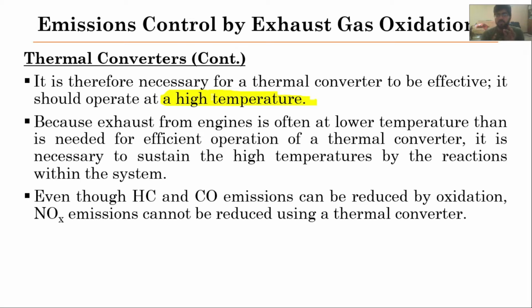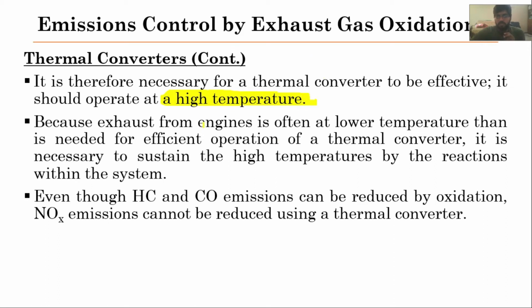You will notice that these thermal converters do not treat the nitrogen oxides and sulfur oxides emissions. This is the disadvantage of the thermal converters: they can control the hydrocarbon and carbon monoxide emissions, but they cannot control the NOx emissions.